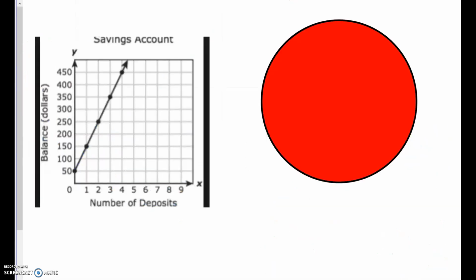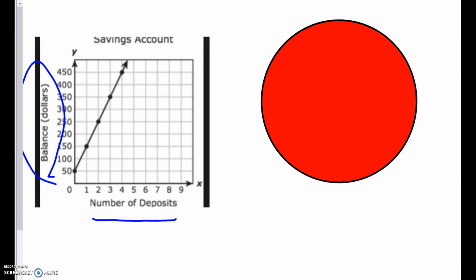Let's take a look at this one. This is your savings account. So this is a perfect example of your dependent and your independent. Your dependent variable is your balance. Your savings account will not have a balance if you don't put in deposits.